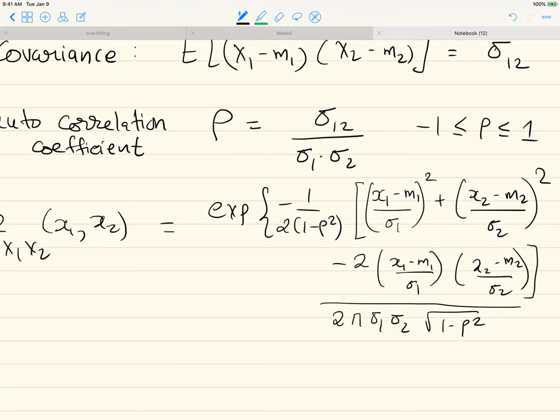So you're taking this whole expression, the whole term inside the brackets, and you're dividing it by 2 pi sigma 1 sigma 2 times square root of 1 minus rho square.